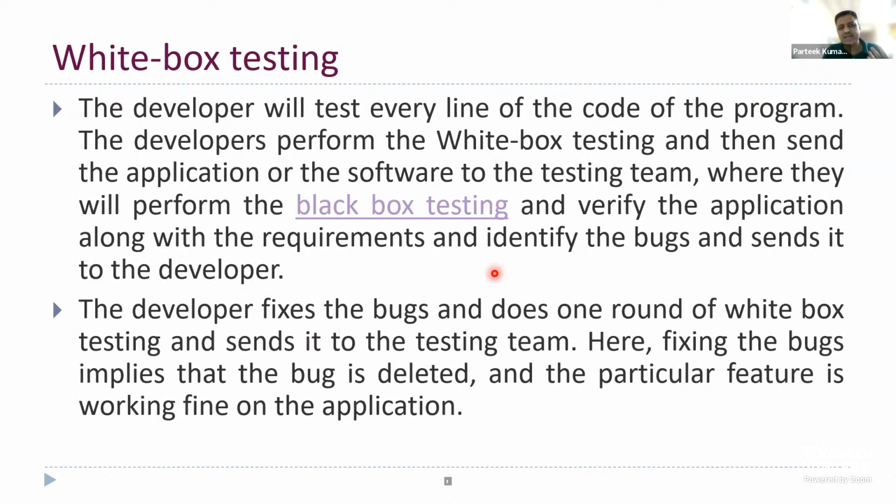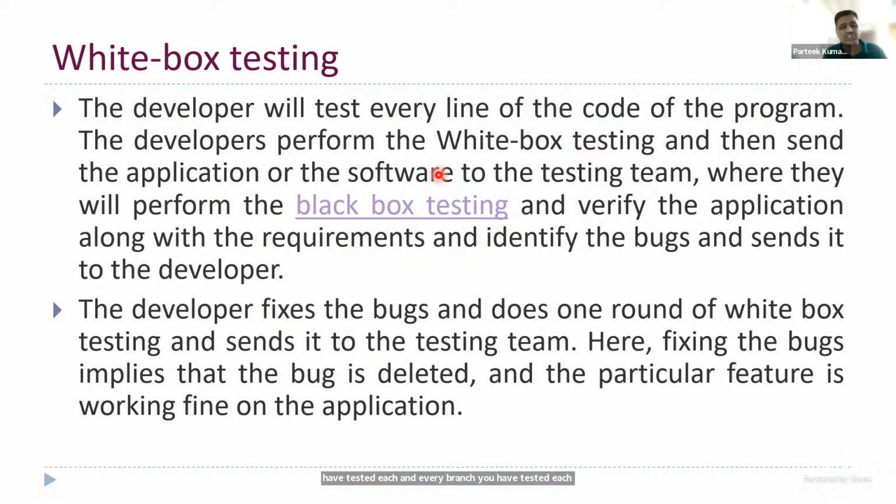Here, the developer will test every line of code and make sure that the code is working properly. You have access to code, and before submitting that code, you want to be sure that you have tested each and every if condition, each and every branch, each and every line of code.